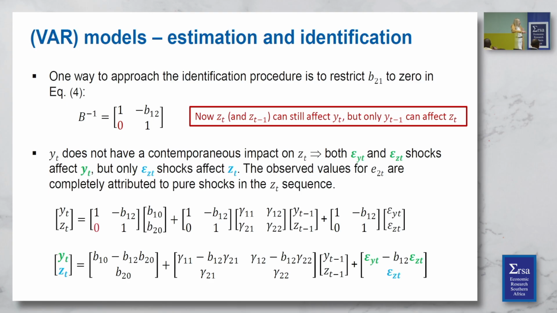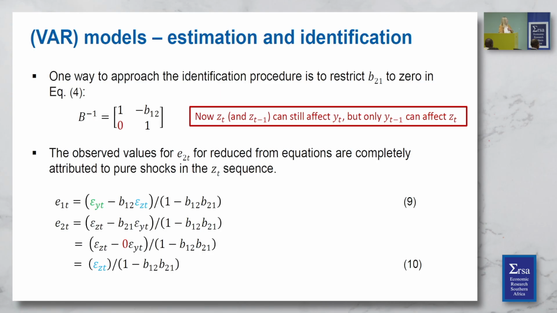So in this case, we can see that Z can affect Y and Z. Z will affect Z, and Z will affect Y and Z. And we can also see it here in the second equation. Z will affect the dependent and then will affect the first equation.